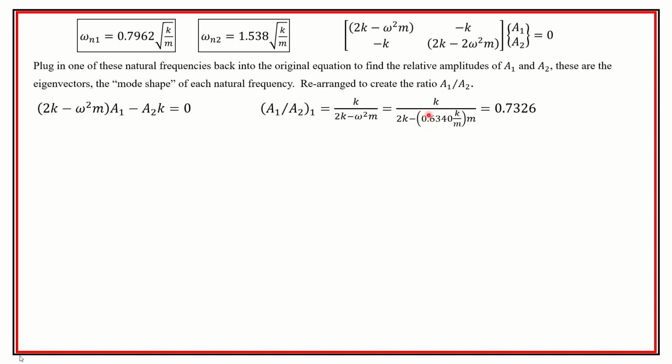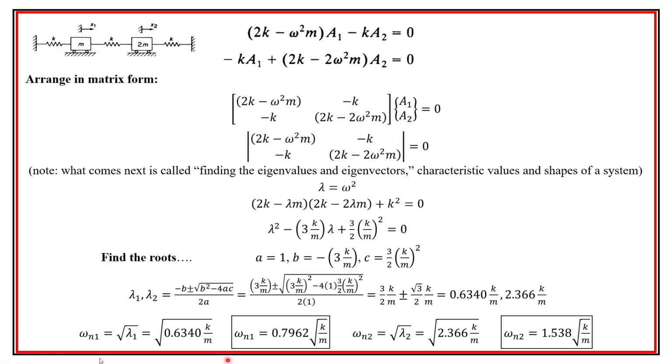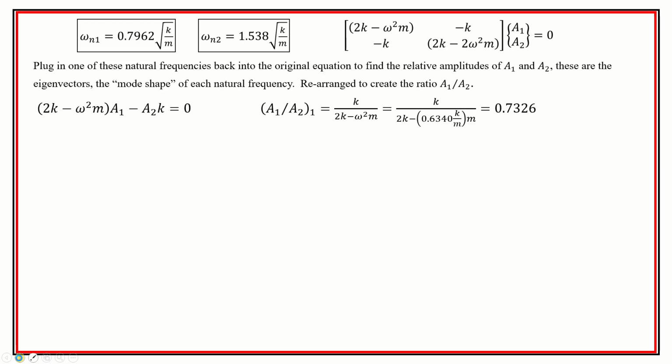And then we can plug in one of the solutions, right? It's easier to go back to the lambdas because they are already the omega squared. So I'll plug that back in, and you'll note that all the k's will cancel out, and the k and the m's, and we end up with this.